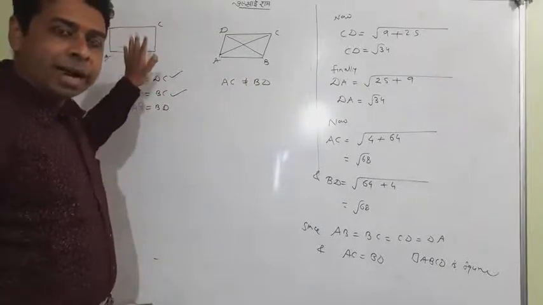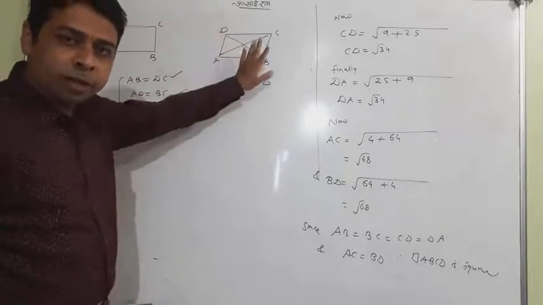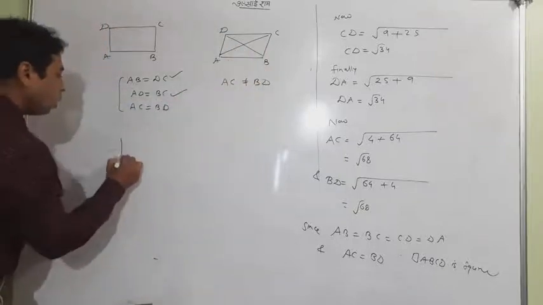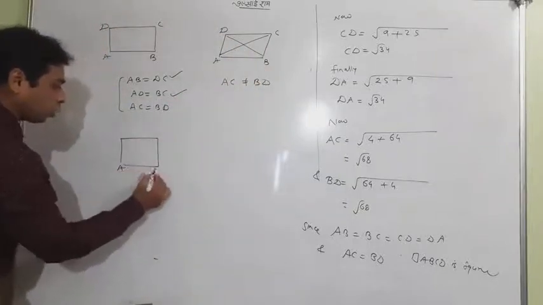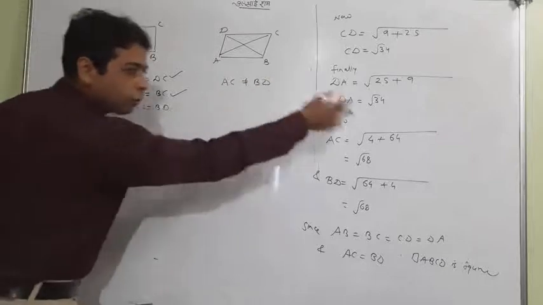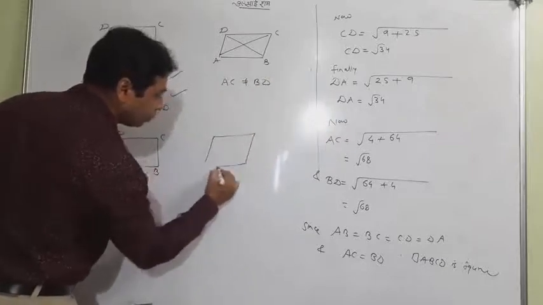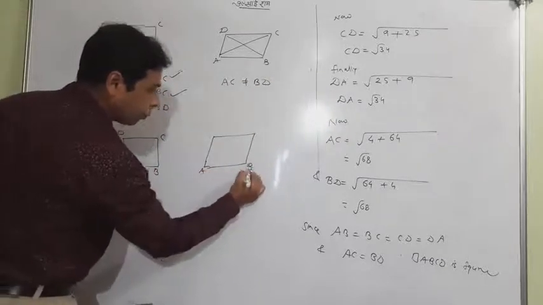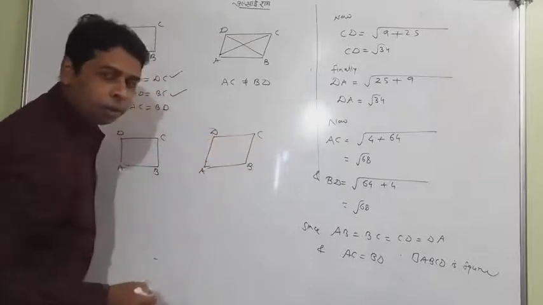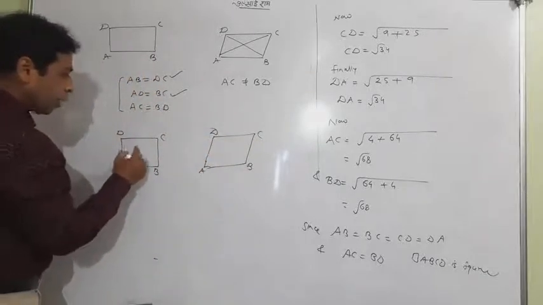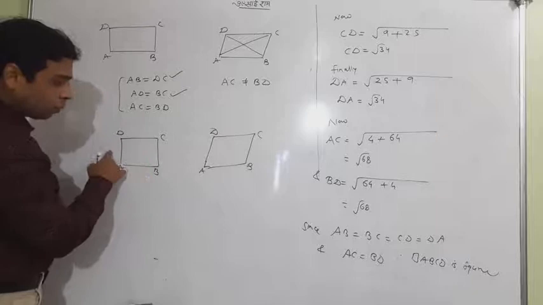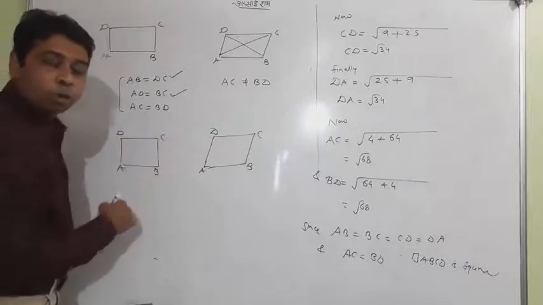In a rectangle, diagonals are the same. In a parallelogram, they are different. What about the condition of a square? Recently, you have seen. And what is the concept of a rhombus? That's very simple. This is the square in which all sides are equal and diagonals are also equal.